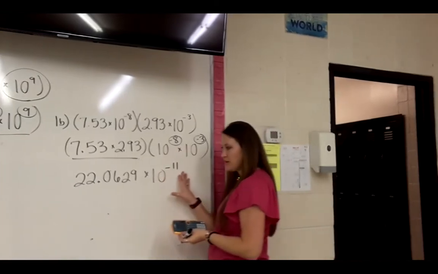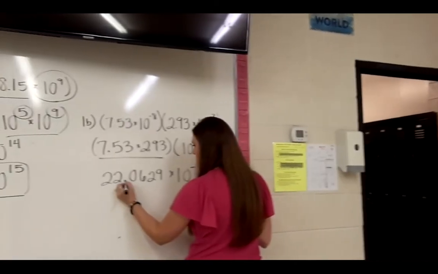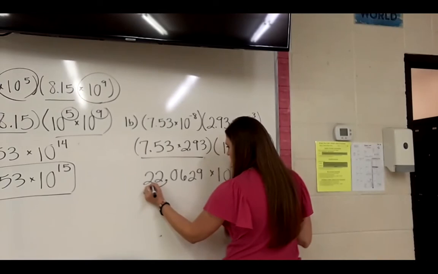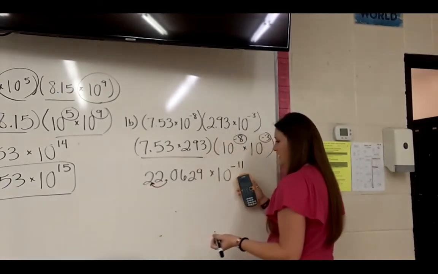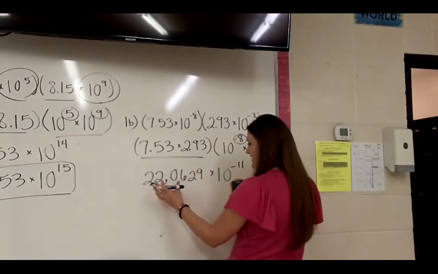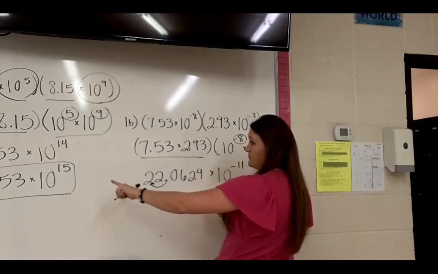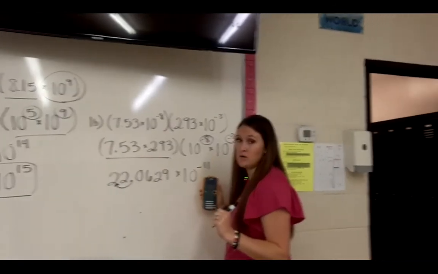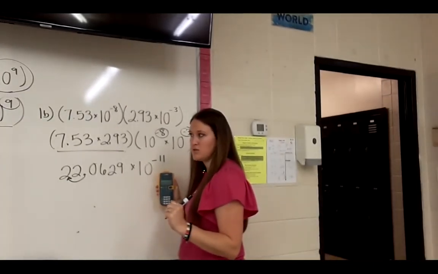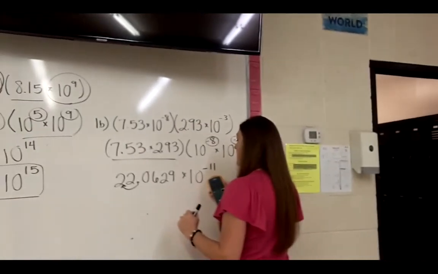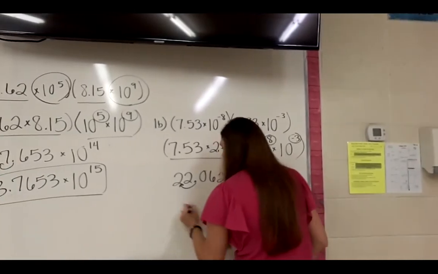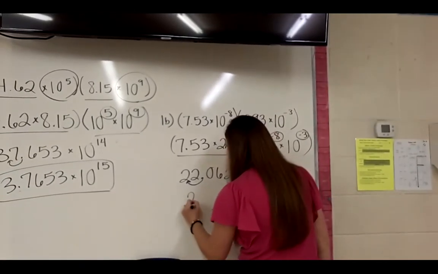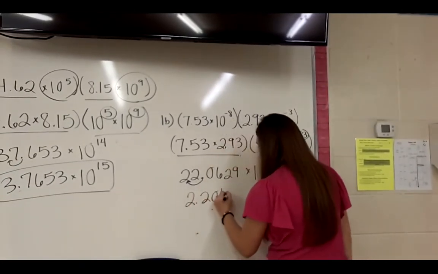Now, that means it's a very small number. So when I go this way, you're actually taking one away. Because if it's negative, that means the decimal's really way up there. Okay? So you're technically still adding one, because negative 11 plus 1 would be negative 10. Sorry, it's early for me.